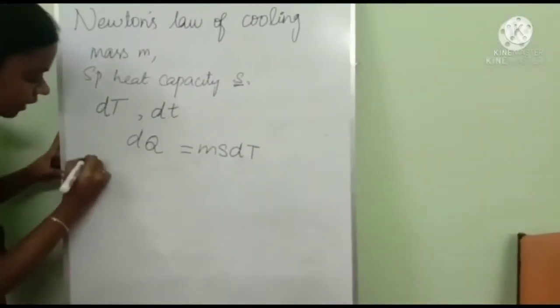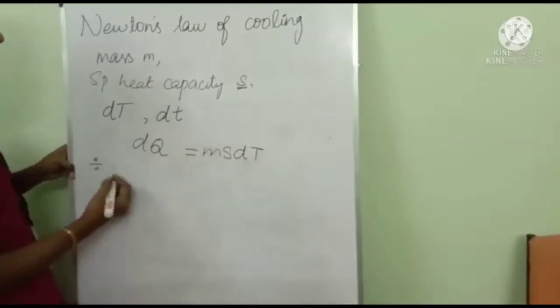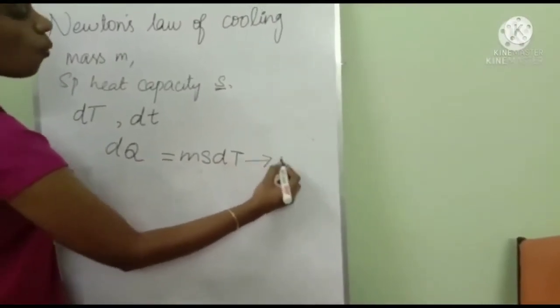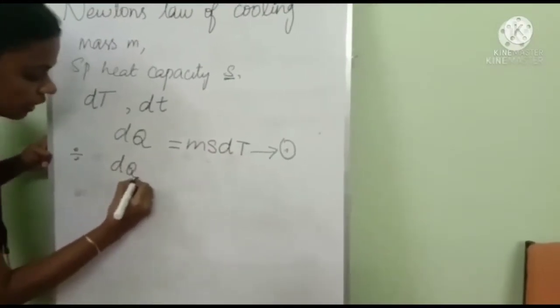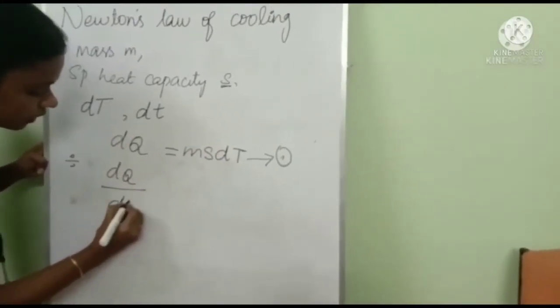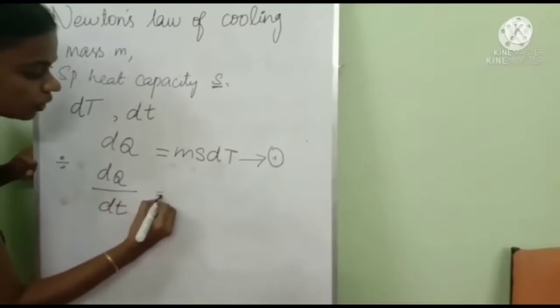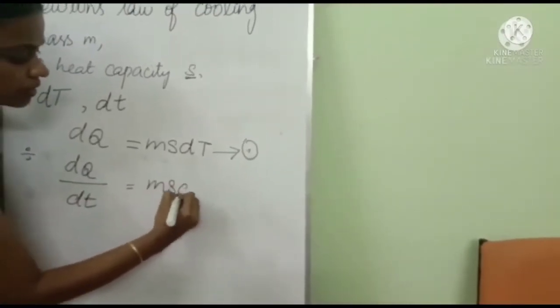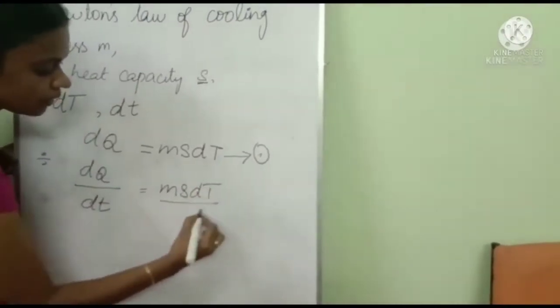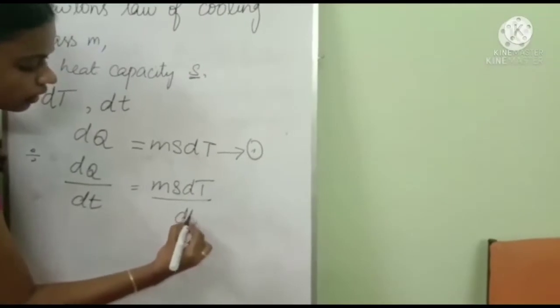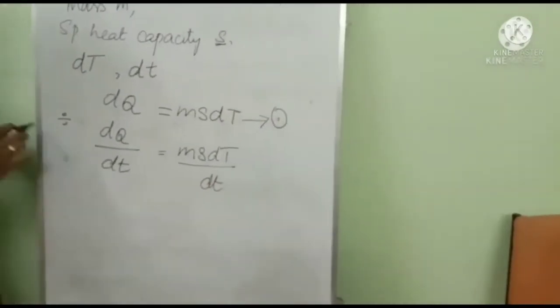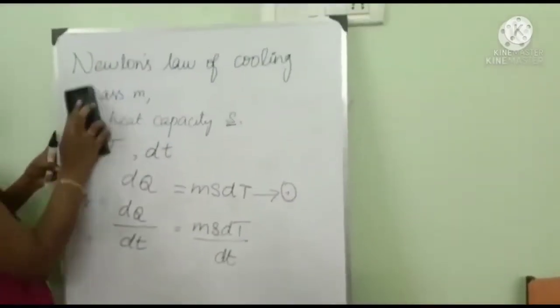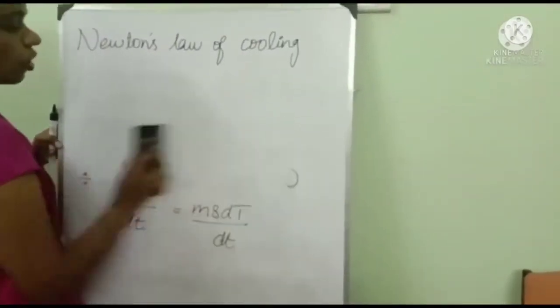This is equation 1. Now dividing on both sides, dQ by dt equals m s dT by dt. Now the Newton's law of cooling. We shall equate this with Newton's law of cooling.